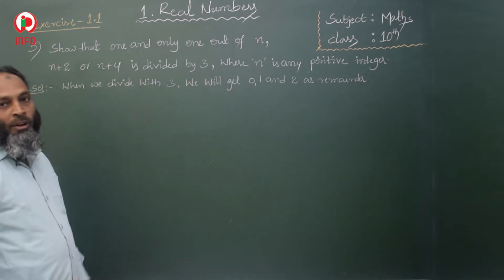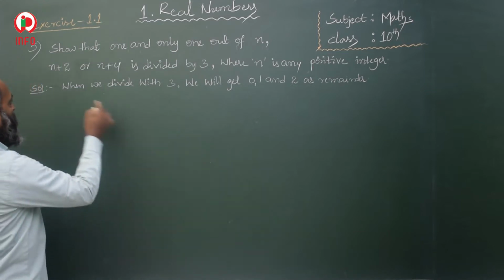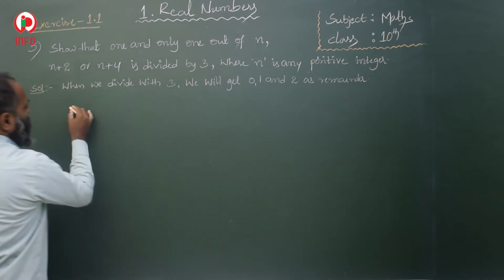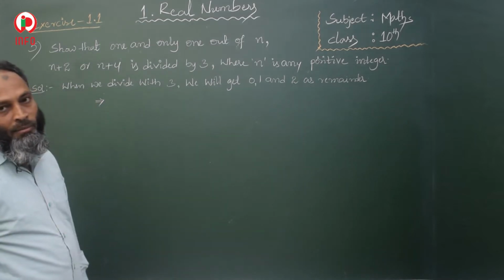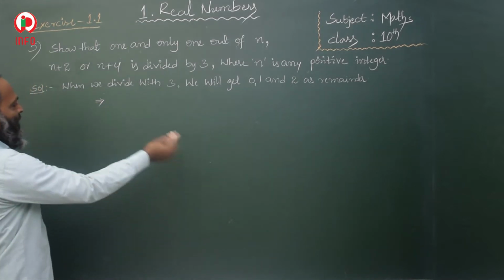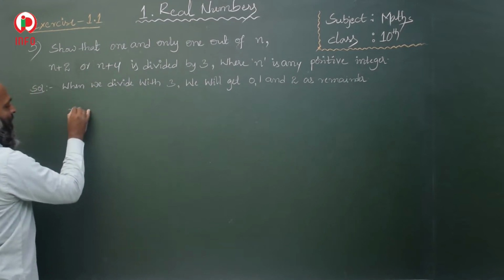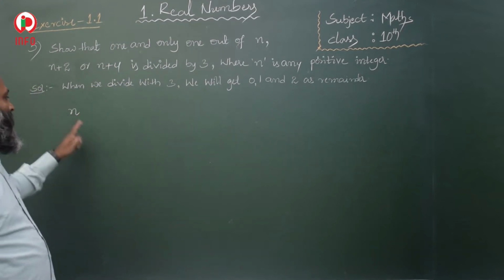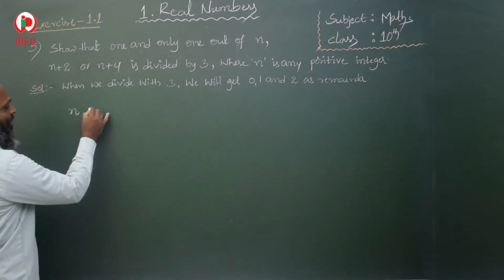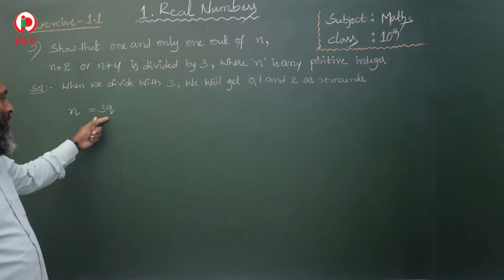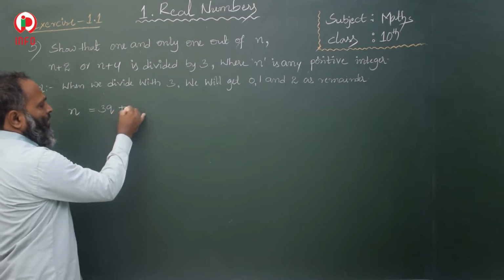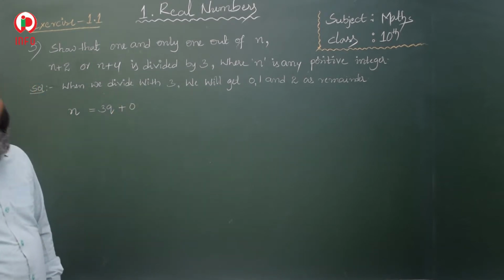Now from Euclid's division lemma, if you take n, a positive number, and divide it by 3, then n is equal to 3q plus 0, according to Euclid's division lemma.